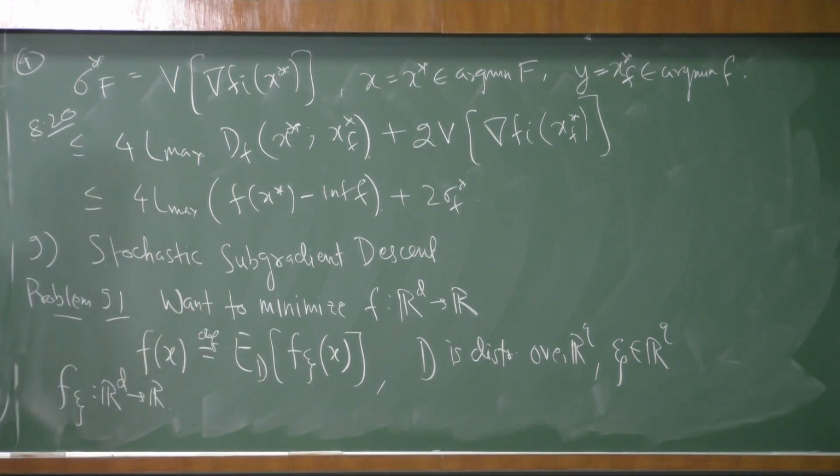So there is a parameter xi in this function which is coming from a distribution. So it's a stochastic optimization problem.